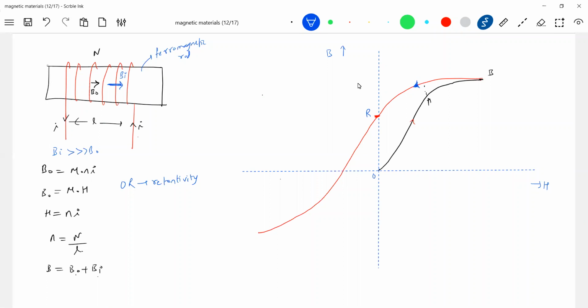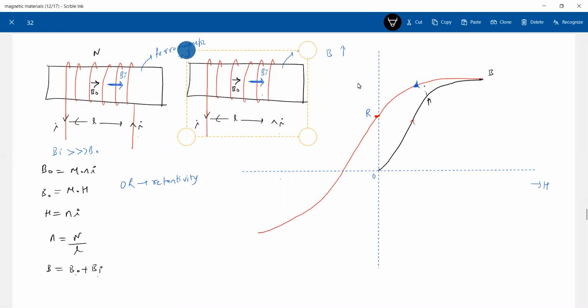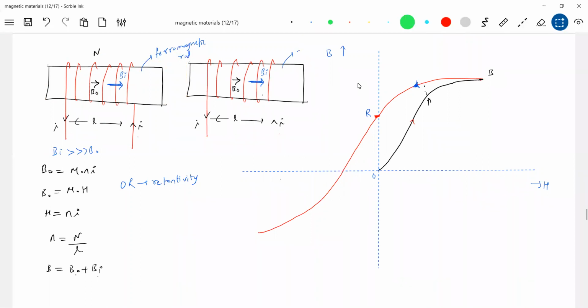Then what I do is I will change the direction of H. How to change the direction of H? Change the direction of current. So I can also do like this. Current was like this.